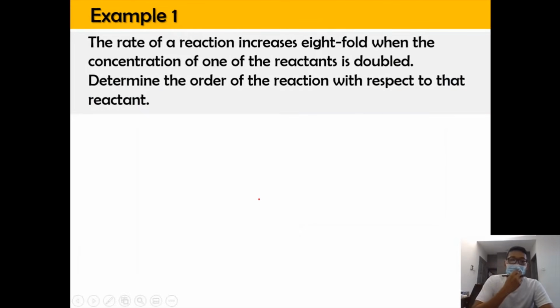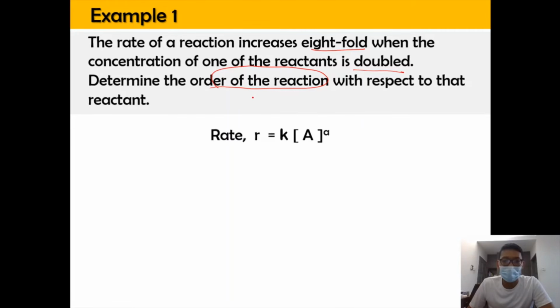Now let's look at an example. The rate of a reaction increases 8-fold when the concentration of one reactant is doubled. Determine the order of the reaction with respect to that reactant. Okay, so the first thing that we need to do is the rate law, where R is equal to k[A] to the power of an unknown, where we choose alpha here.